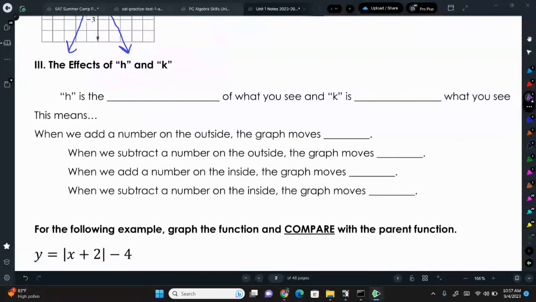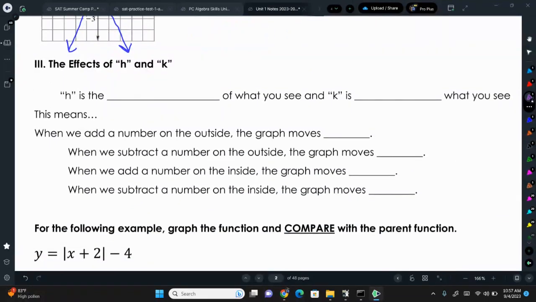So now the effects of h and k. h is the horizontal movement, and it's always the opposite of what you see, and k will move the graph vertically up and down, and it is exactly what you see. So when we add a number on the outside, the graph moves up, that vertex moves up.